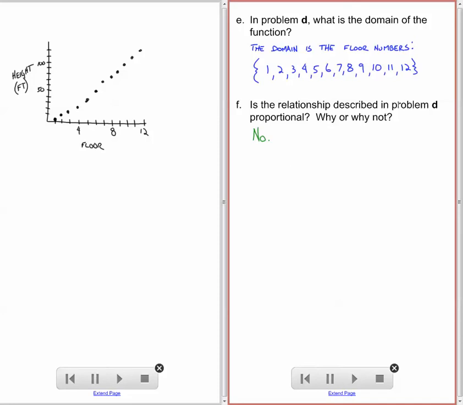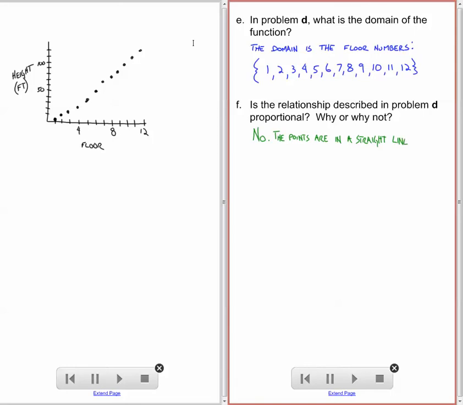Is the relationship described in problem D proportional? I'm telling you it is not proportional. The points are in a straight line, which is one of the requirements of being proportional.